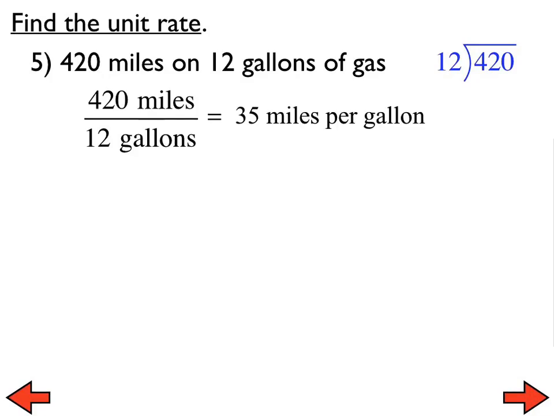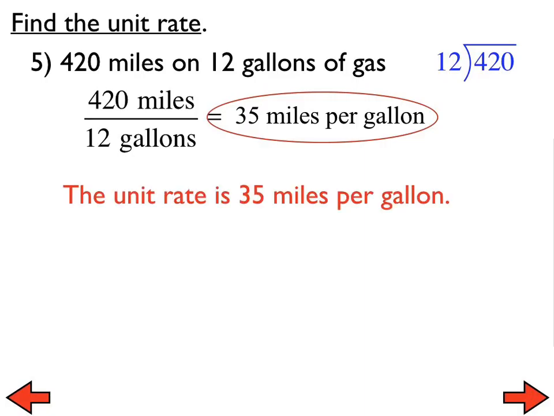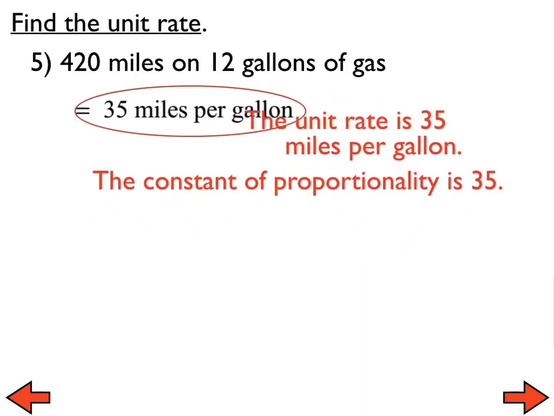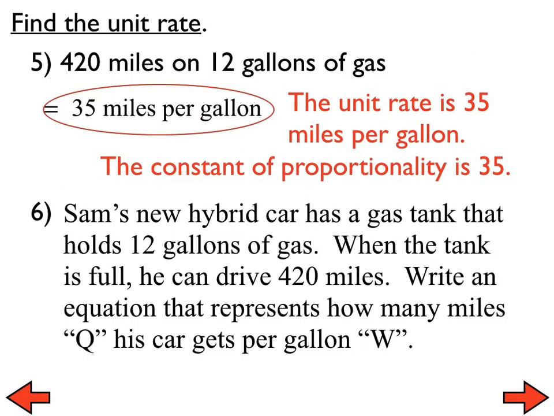You should get 35 miles per gallon, which means K equals 35. Good. And I'm going to put that exact thing into a word problem. Sam's new hybrid car has a gas tank that holds 12 gallons of gas. When the gas tank is full, he can drive 420 miles. Write an equation that represents how many miles Q his car gets per gallon W.